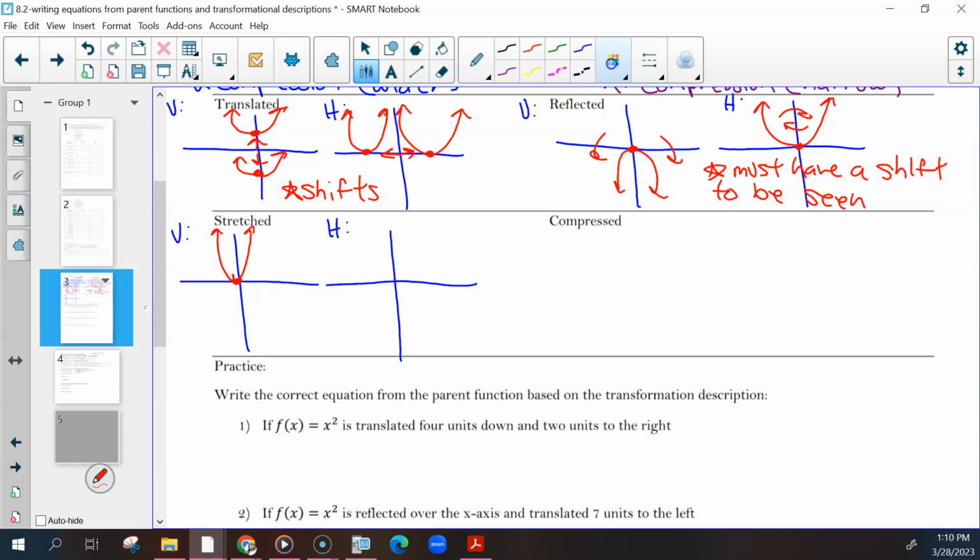And then I'm going to draw arrows in here kind of pointing towards the y-axis. Do that to the best of your ability. And my note, I'm going to say that this stretches towards the y-axis, or gets narrow. Showing that it's stretching up towards the y-axis.